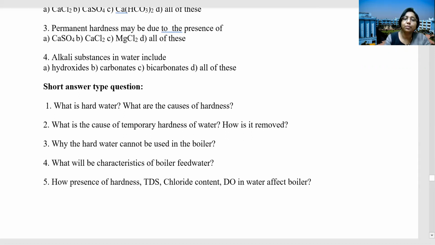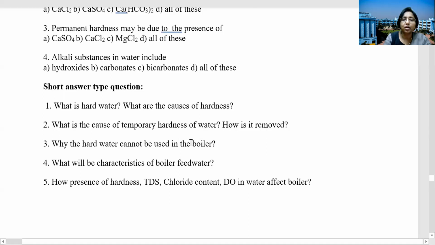And what is the cause of temporary hardness? That is the bicarbonate, and it can be removed by simple boiling. Not only for temporary hardness, you have to know the softening processes that I have told you, like the ion exchange process using resin, the permutit process, the Calgon process. All these processes or the soda lime process can be used to remove the permanent hardness.